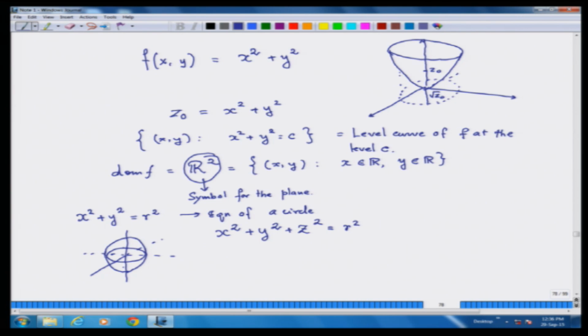So, how do I write? You see, I can always write z square as r square minus x square minus y square. Now, if you take the root, that will be plus and minus.